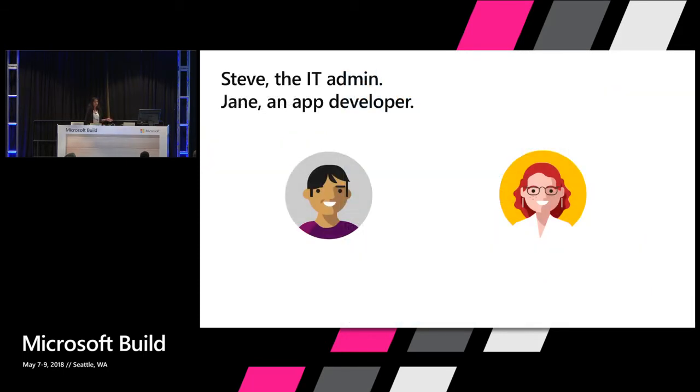So just to give a little background on who would be using our product. So we have Steve, an IT admin, and Steve's been in charge of basically managing their end user devices for Contoso, which is an organization that he works for. And he's been in charge of applying app protection policies to his end users alongside the apps that the app protection policies should be applied to and the user groups which should receive these policies.